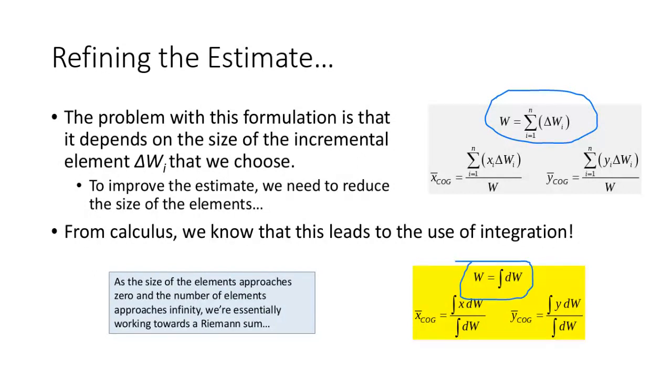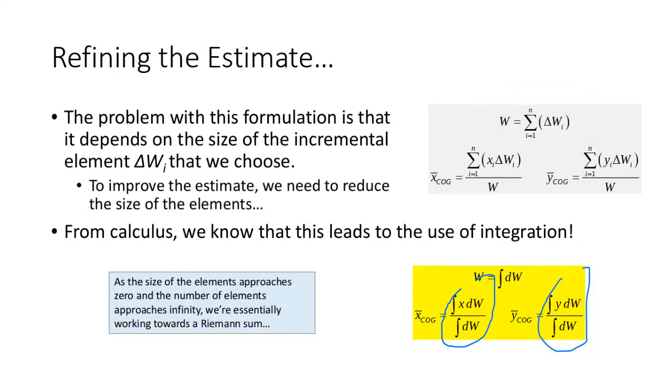If I take this weighted average that you see right here, the integral of x times dW and the integral of y times dW, this is just me writing all of this in integral notation. I'm just doing the same thing, just in terms of integrals. Does that make sense?